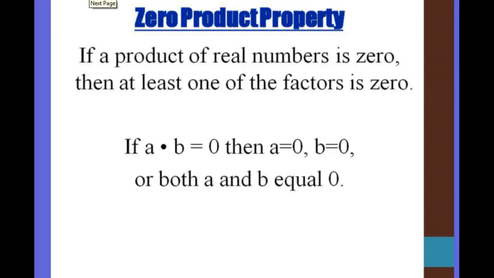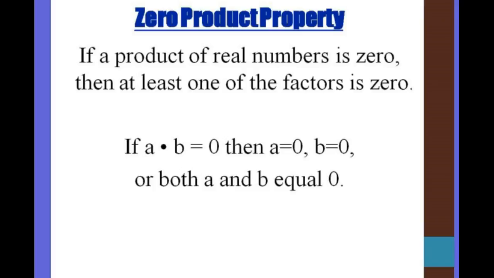Today we're going to talk about the zero product property, and this is a property you've probably heard of, but you tend to forget that you're using it. What the zero product property says is that if the product of 2 real numbers is 0, meaning if I multiply 2 things together and I get 0, then one of those 2 numbers is 0.